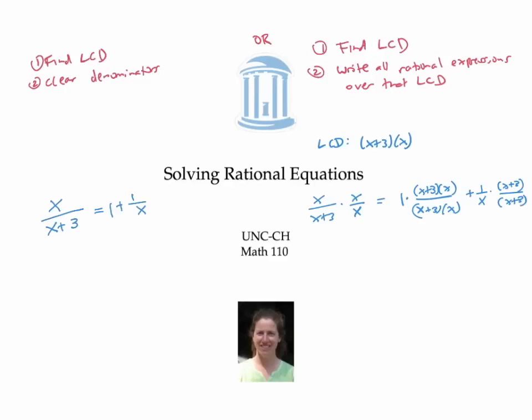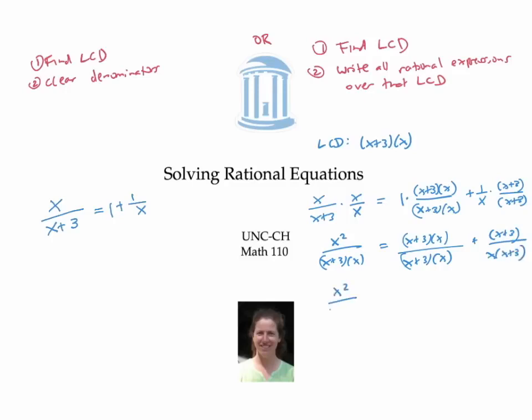Now if I simplify a little bit, let's see, this is x squared over that common denominator, and here I have just x plus 3 times x over that denominator, and here I have x plus 3 over that common denominator.